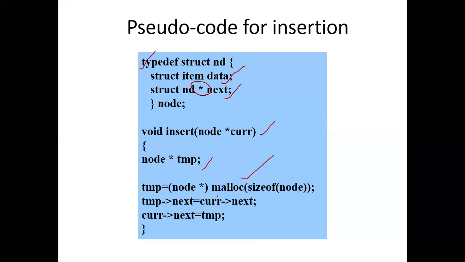Memory will be allocated. So temp will have two regions, one is the data part and one is the next pointer. Consider this as a box. Here will be the X value, and here initially it will have a null value, since we didn't initialize it.